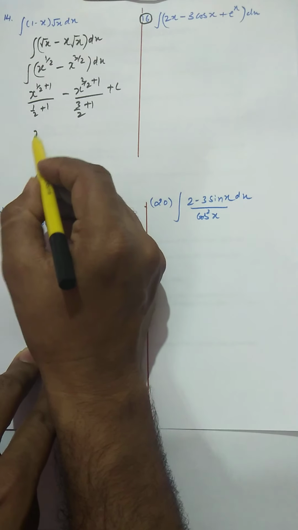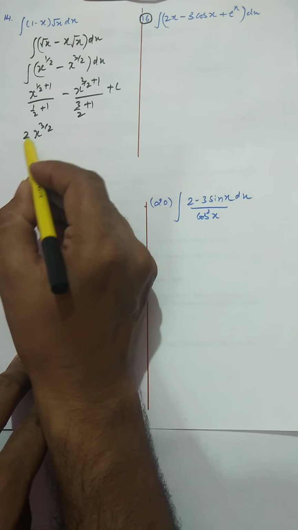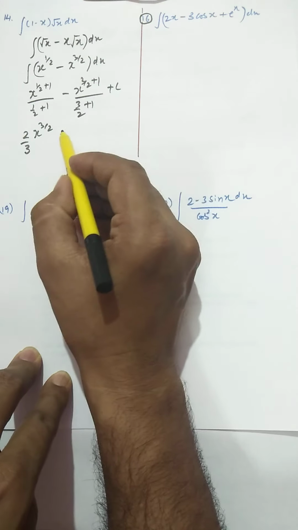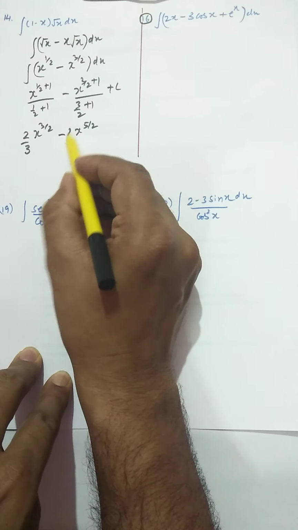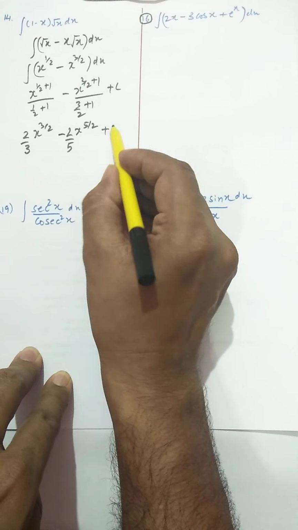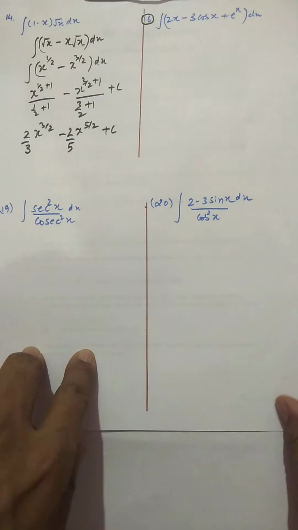So this is x^(3/2) over 3/2, which you can write as the reciprocal 2/3, and this is x^(5/2) over 5/2, which can be written as 2/5, plus c. So this is the integration of question number 14.